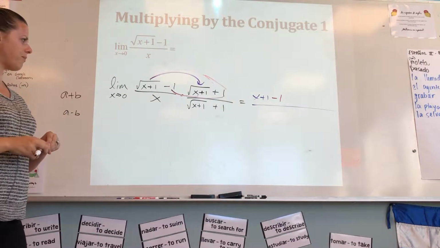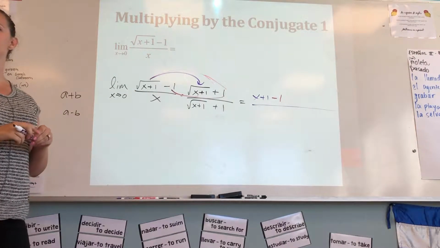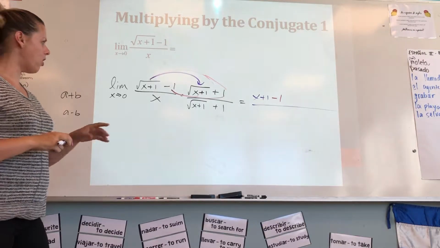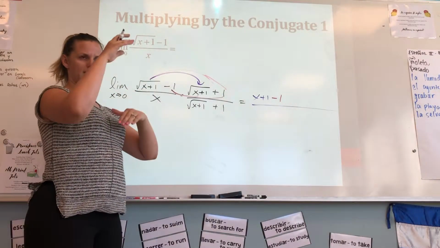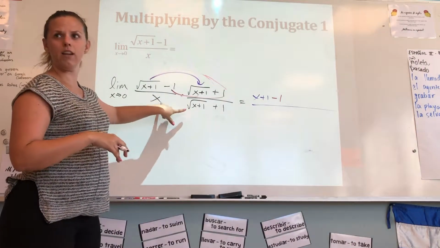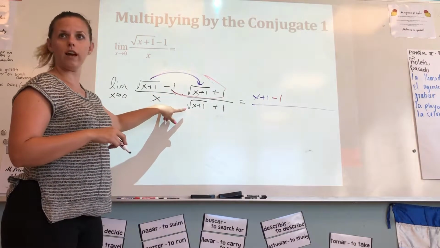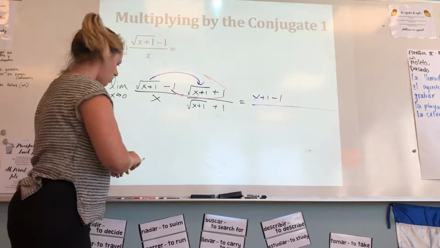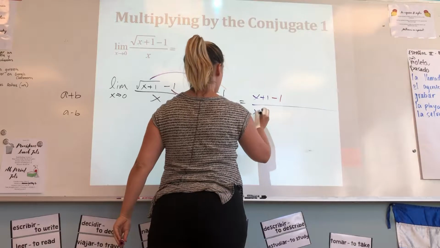That's the numerator. Let me give you a trick. You don't have to multiply out the side, like the top or the bottom. See how this is not the conjugate of that? You don't have to multiply it out. And if you do, you're going to have to undo what you do. You might remember this from last year.